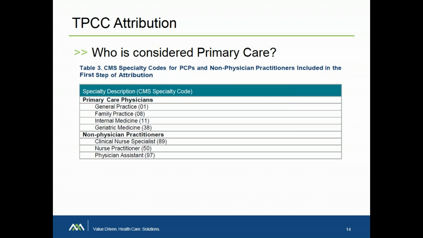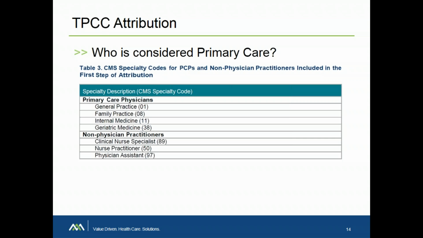Later on, when they complete their fellowship and become board certified in whatever their specialty or subspecialty may be, sometimes that specialty gets added as the secondary designation in PECOS. Sometimes it doesn't get added at all, just depending on who's handling PECOS for a practice or organization.